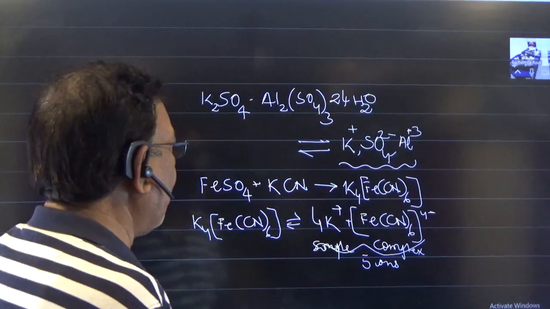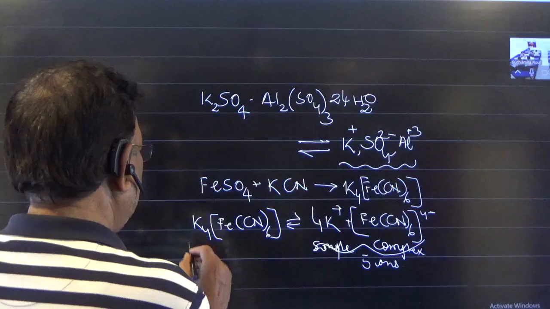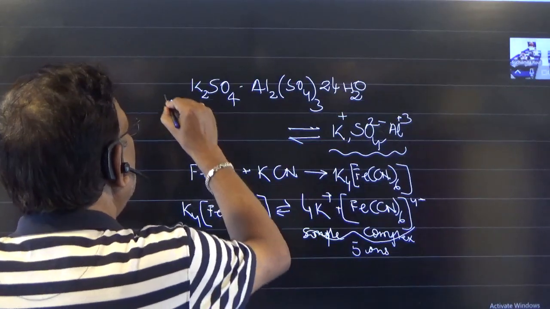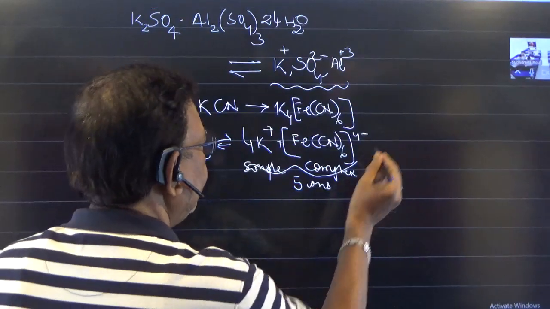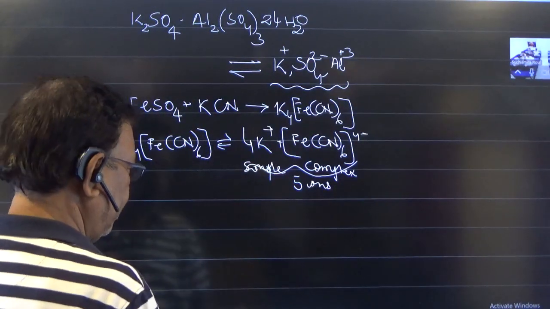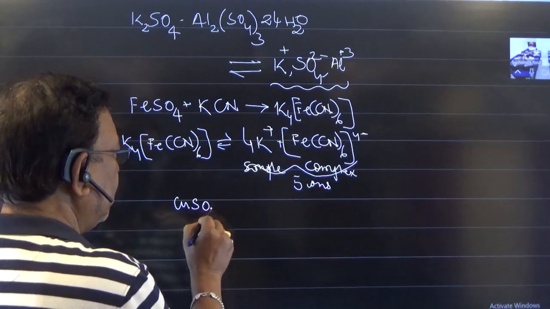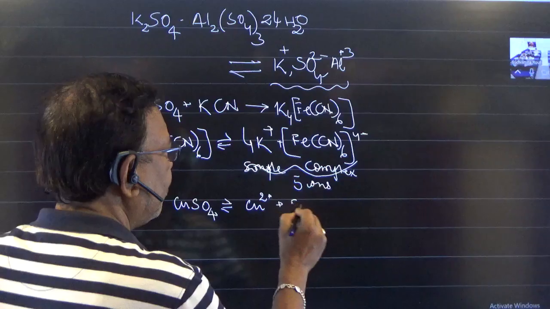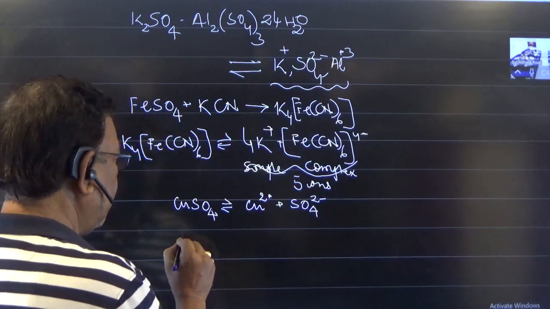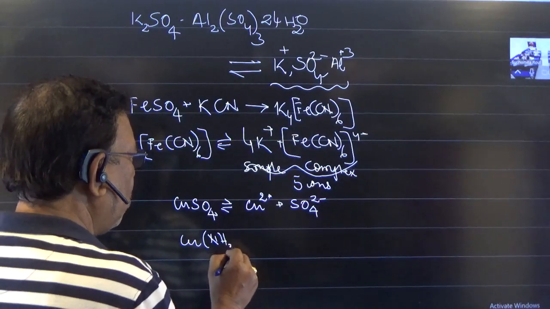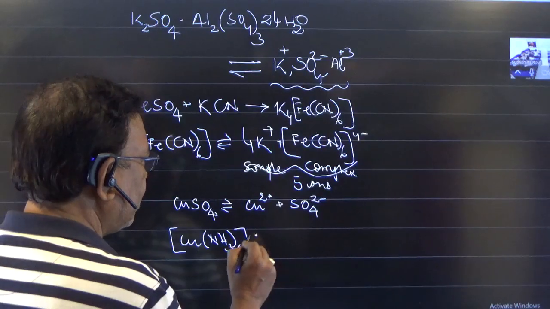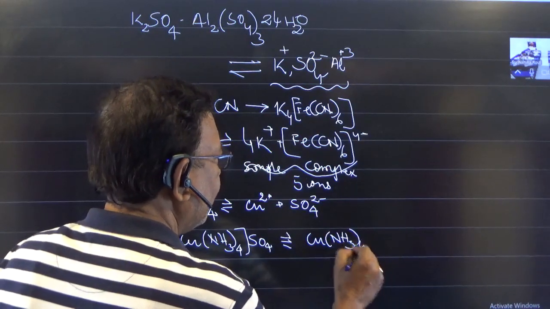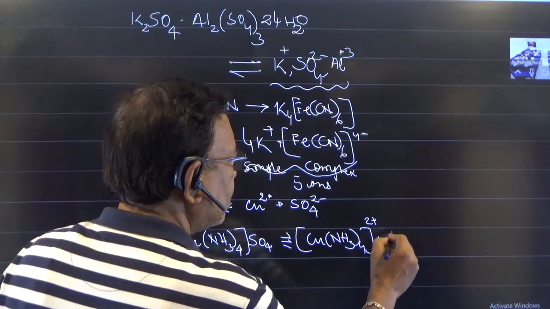Okay, one more example. Copper sulfate on dissociation gives Cu 2+ ion plus SO4 2- ion, but the complex [Cu(NH3)4] sulfate gives you [Cu(NH3)4] 2+ and SO4 2-.